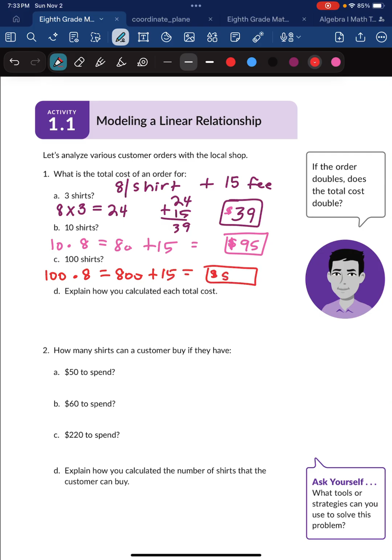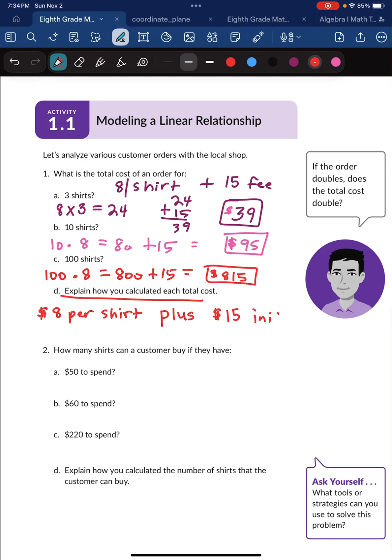So that would be $815. How did we calculate each total cost? $8 per shirt plus $15 initial fee. Initial means first, or beginning.